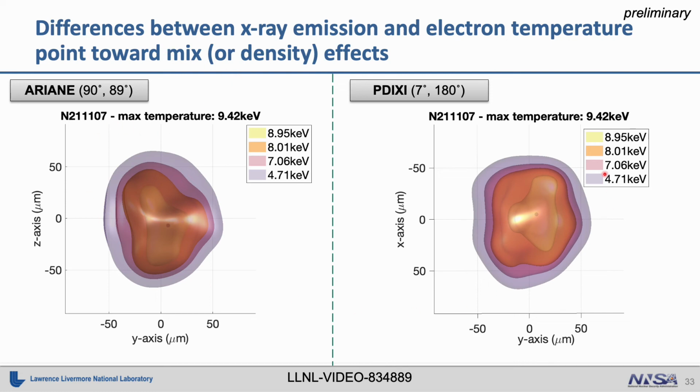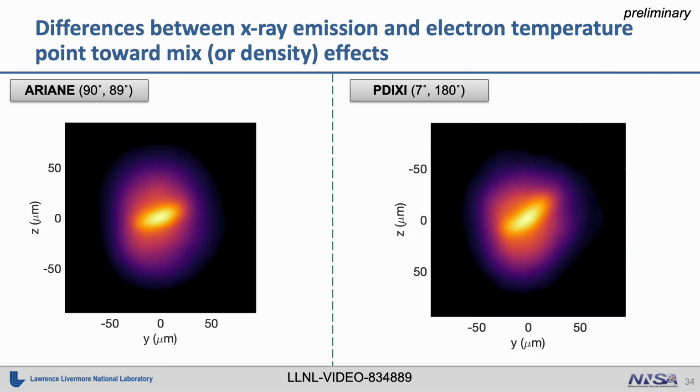So here you can see our two different views of our 3D TE map presented earlier. On the left, we look at the 3D TE map from the equator, and on the top from the pole, and then I look simultaneously also at the two input X-ray images from the equator and from the pole.